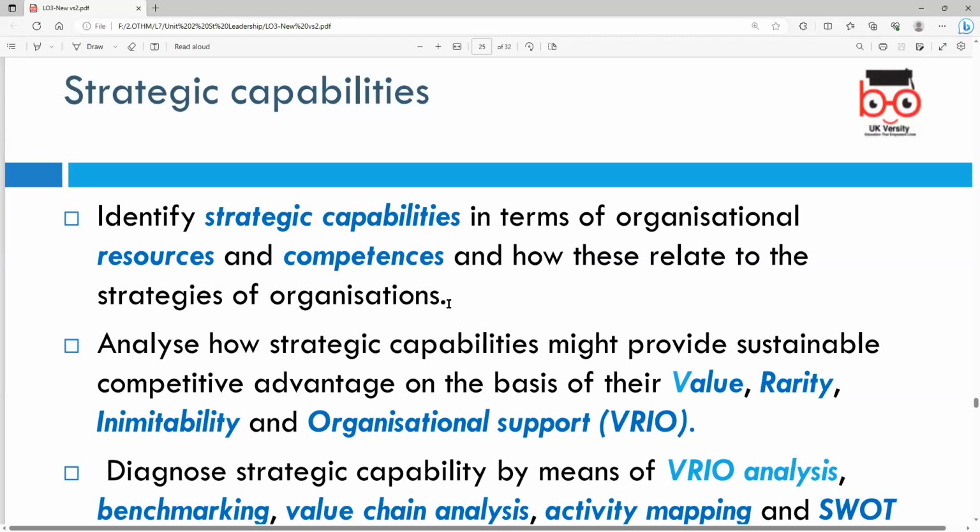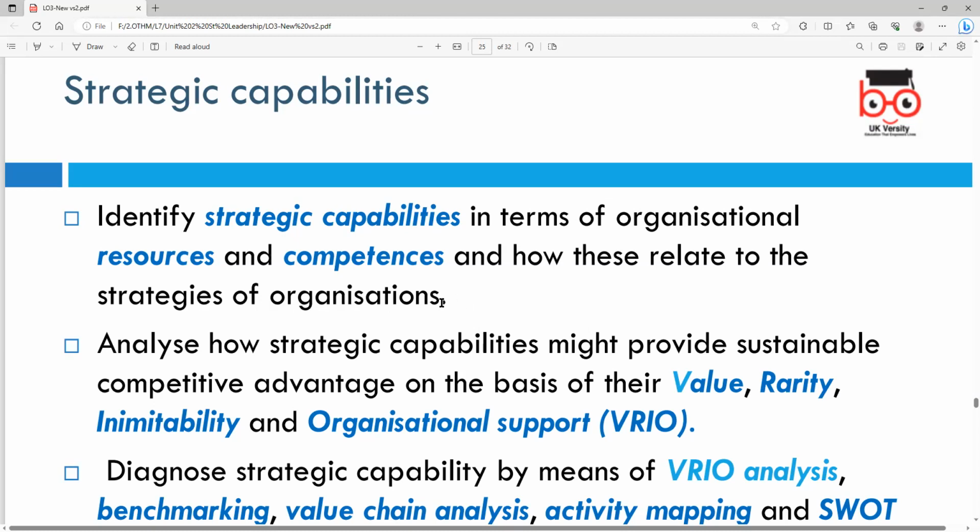What it means is, what are our capabilities, what are our resources, and what are our competencies in terms of human resources and so on. And how we can use these to achieve organizational objectives.